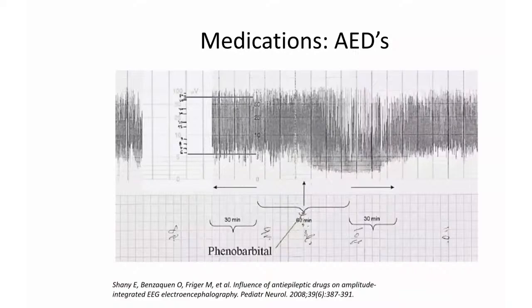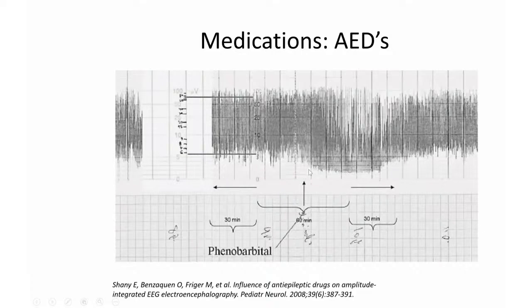And this is an old tracing, an old pen and paper tracing. But what I love about this is, again, orienting you to the paper: 0, 5, 10, 25, 50, 100. So here we have the tracing, quite a nice normal pattern, lower margin greater than 5, upper margin greater than 10, and then phenobarbital given right here.